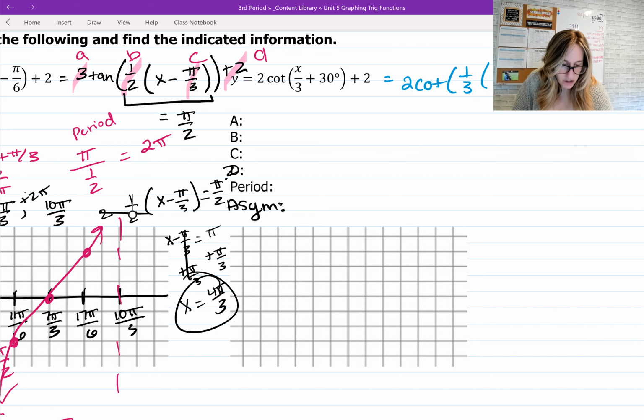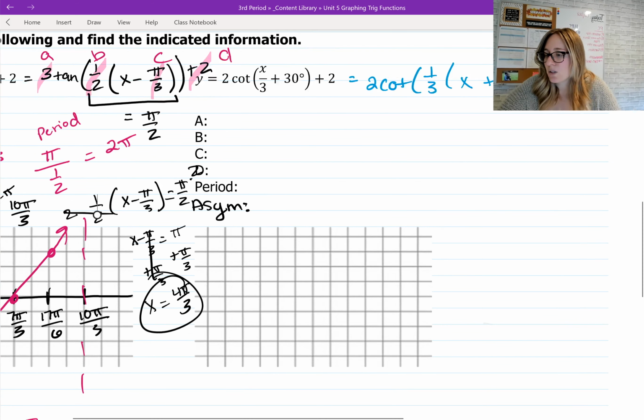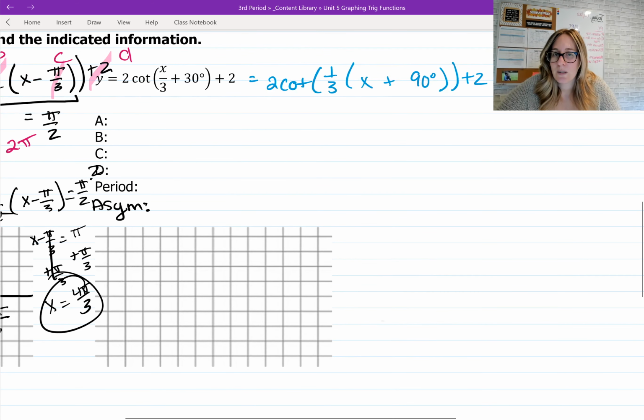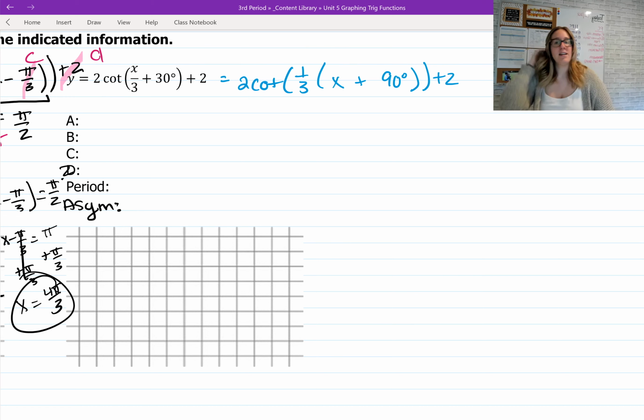This one is in degrees, so it's a little bit nicer. I took 30, divided it by 1/3 because that's what I was pulling out, and I got plus 90.